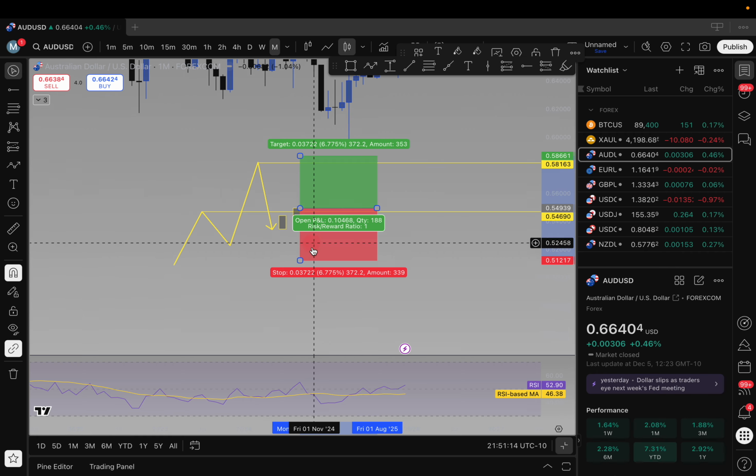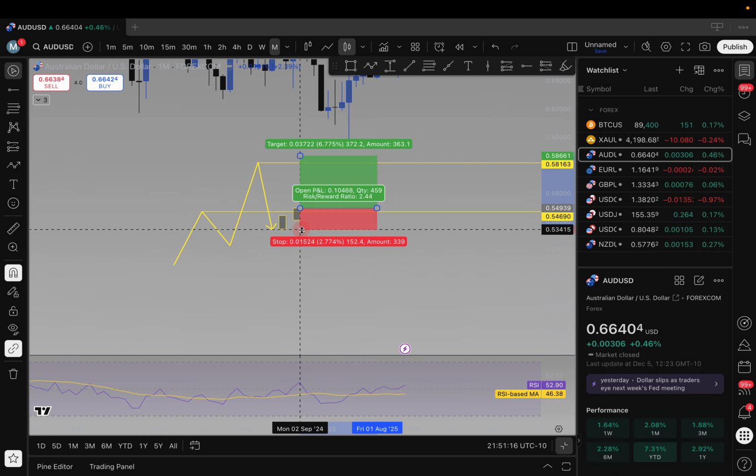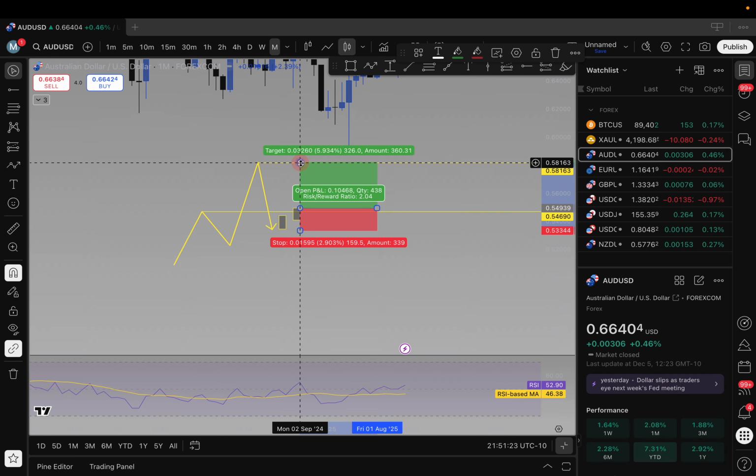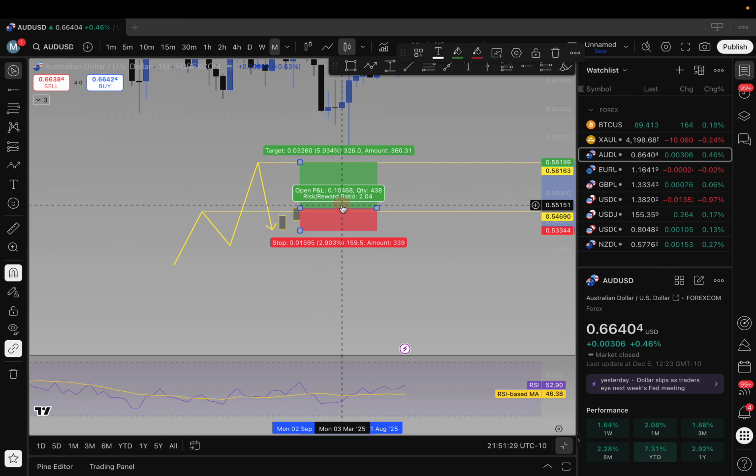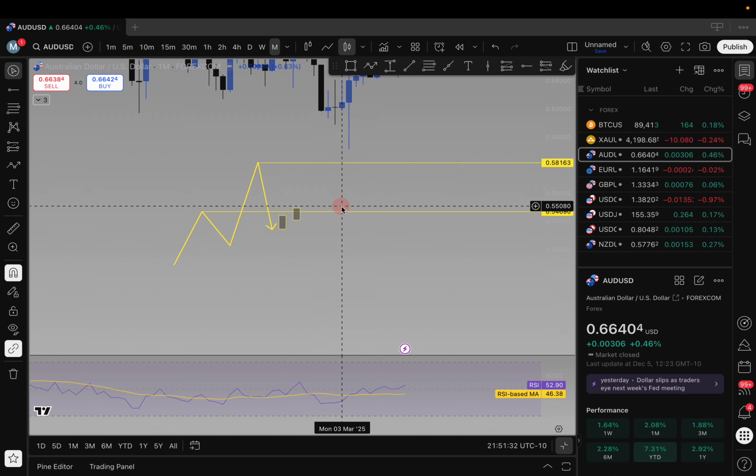So you would enter over here, put your stop on your previous low, and your take profit on the previous high, something like that. So that's how Trades by Psy trades.